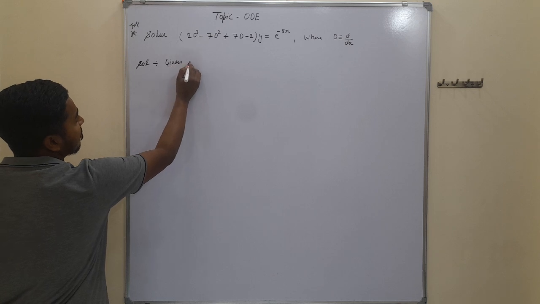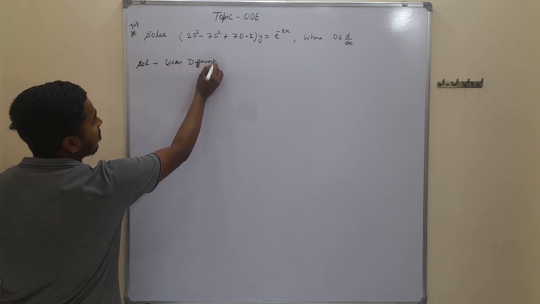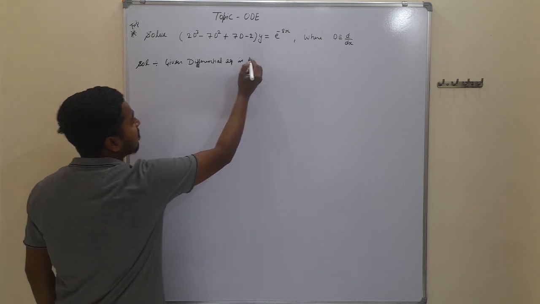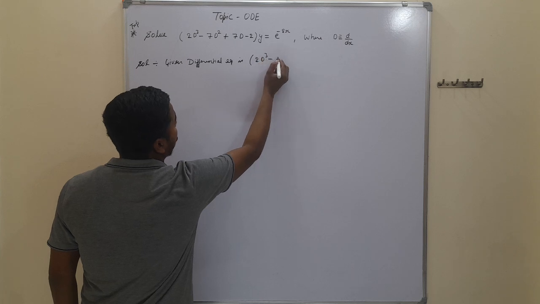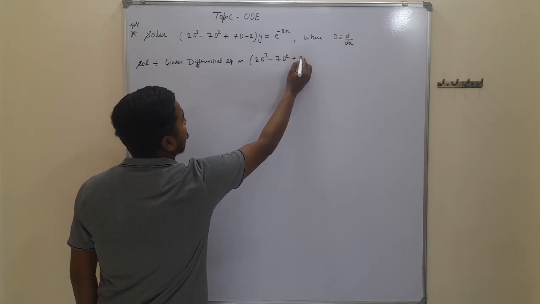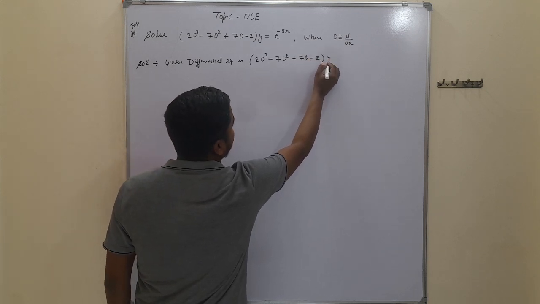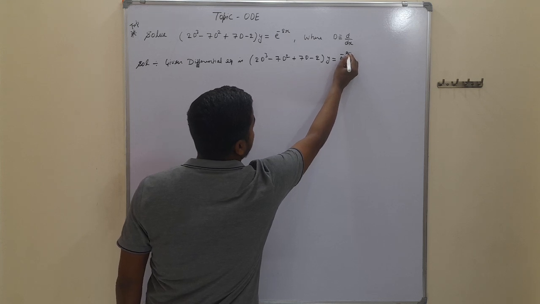The given differential equation is (2D³ − 7D² + 7D − 2)y = e^(−8x).